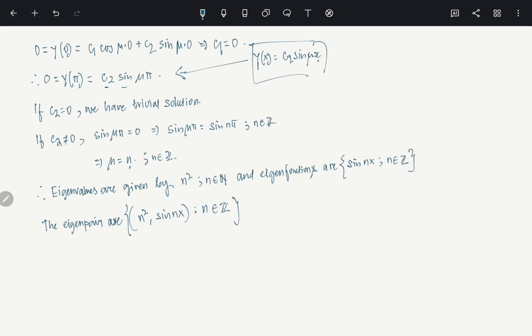So these are the eigenpairs. The first thing is the eigenvalue, and the second part is the corresponding eigenfunction. Now, we have these positive eigenvalues.